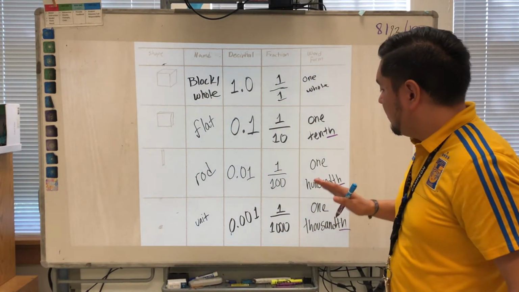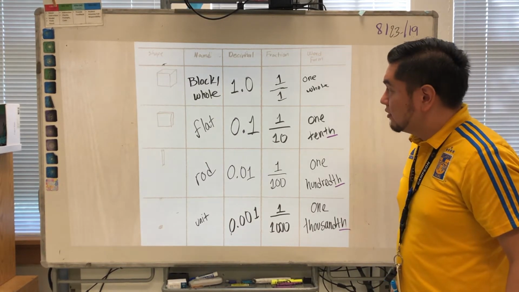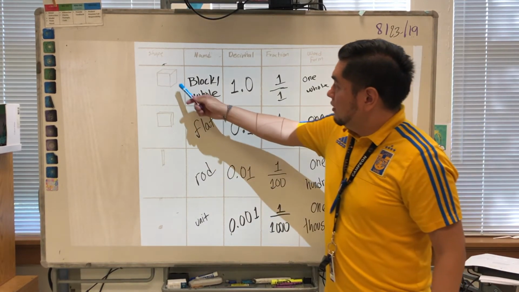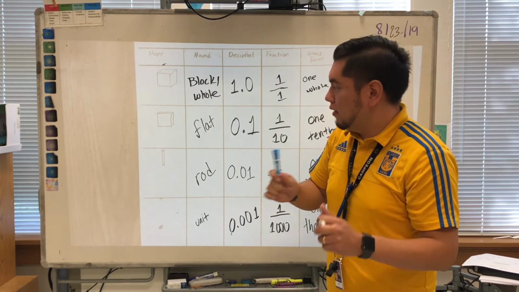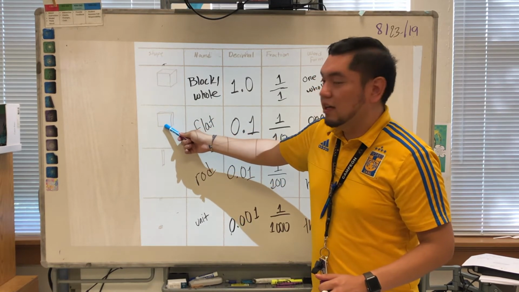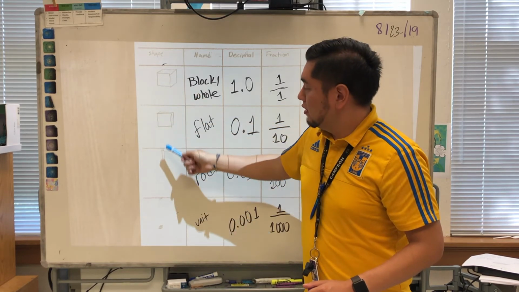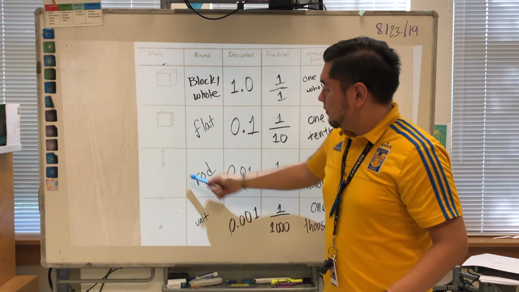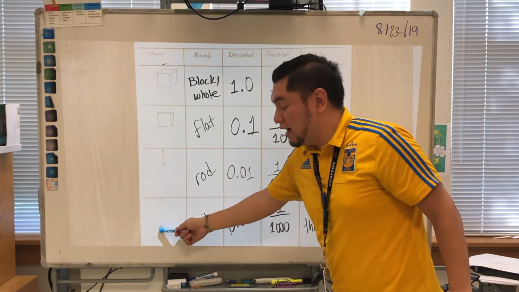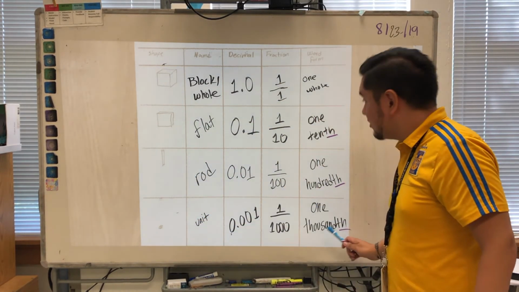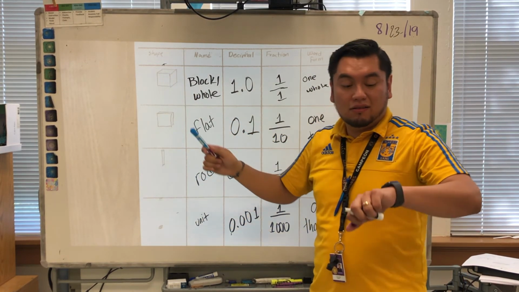So you gotta make sure that whenever you write it in word form, that's what it means. Again, this is one whole. Es un entero. No le falta nada. This one is a 10th because 10 of these fit into the whole. This is 100th because there are 100 rods in one whole. And this is 1,000th because there's 1,000 units here in the whole.